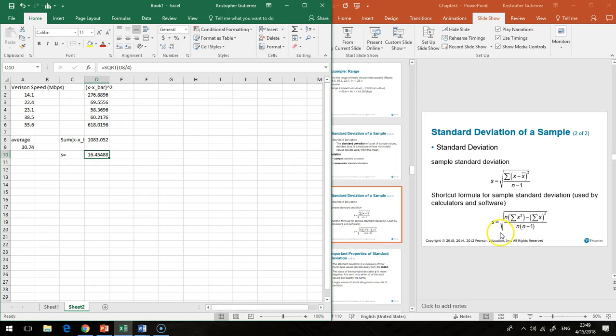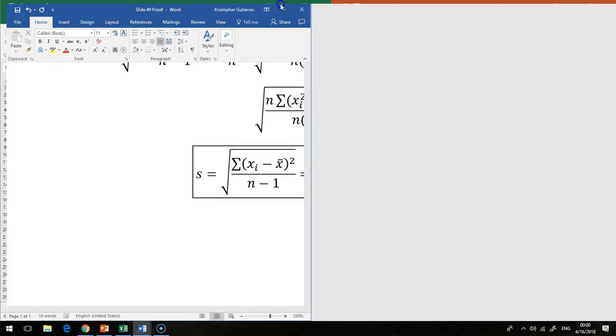S is equal to square root of n times sigma x squared minus sigma of x quantity squared over n times n minus 1. And remember, the capital sigma is a summation. So let's go ahead and take a look at that calculation I promised you.